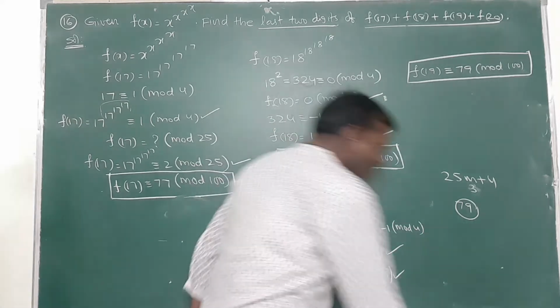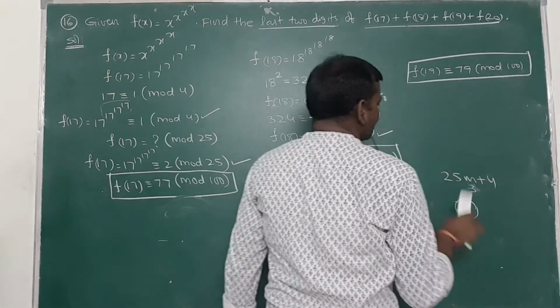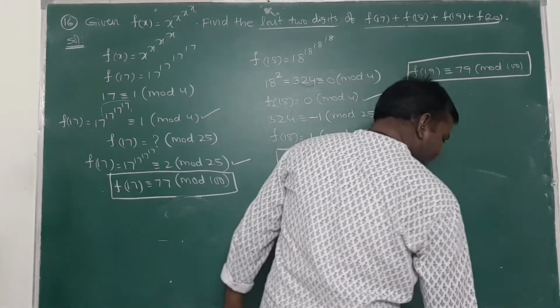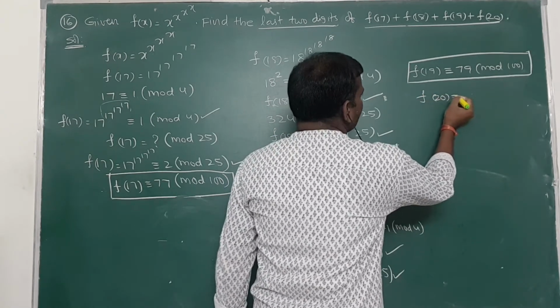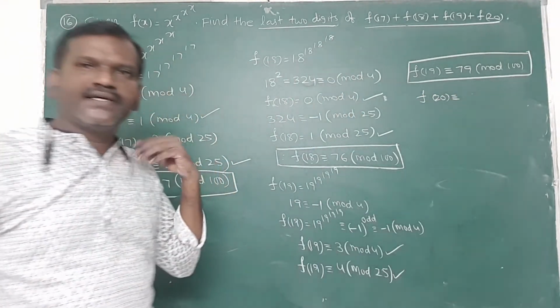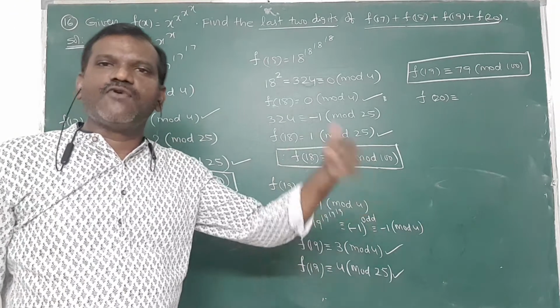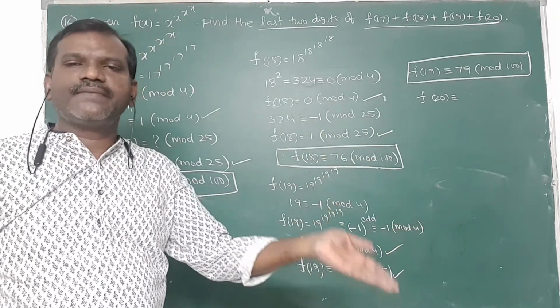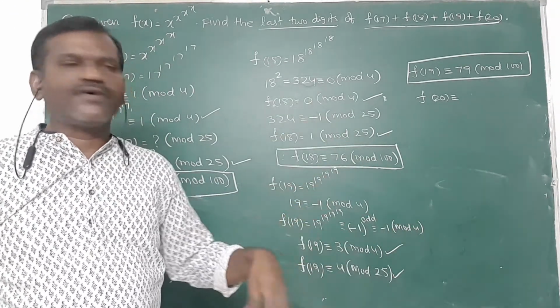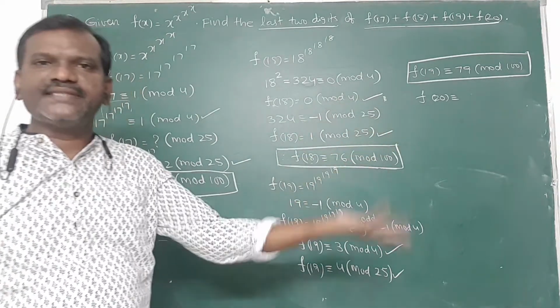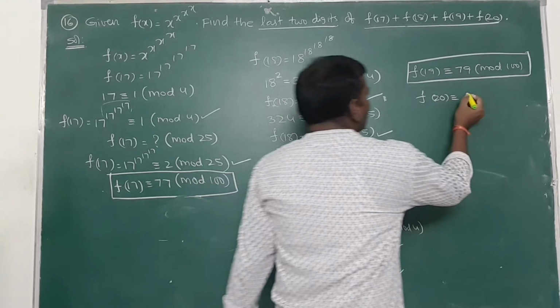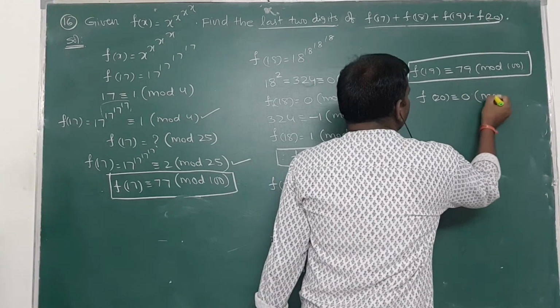Then finally f of 20 is left here. F of 20 is also an easy one. I am taking it directly. Why? Because 20 square is 400. 400 when divided by 100, remainder is 0 only. So it leaves a 0 remainder when divided by 100.